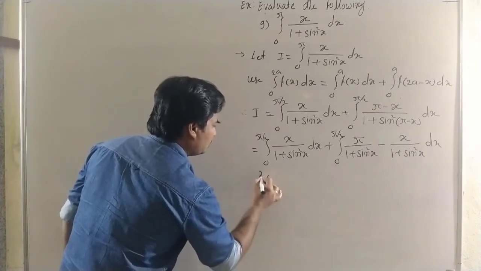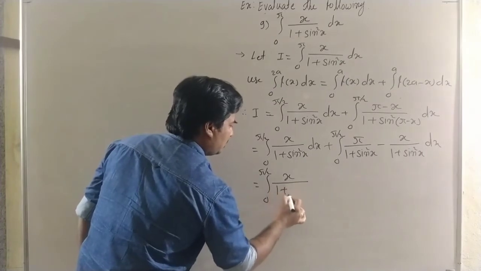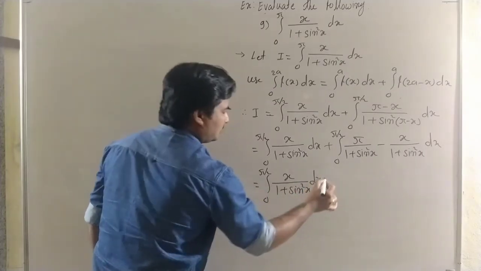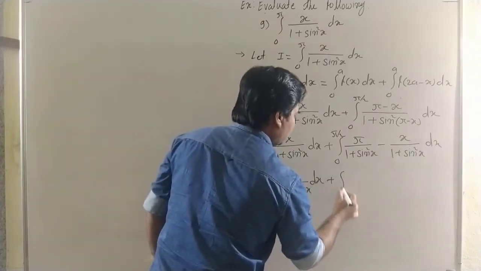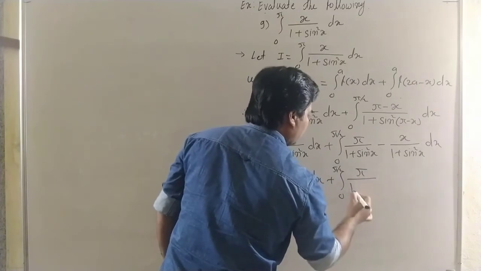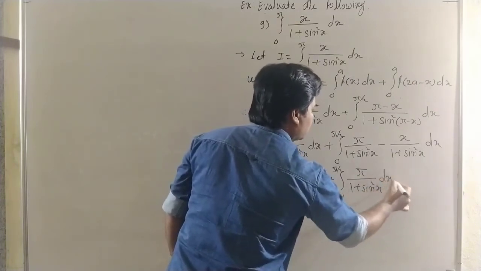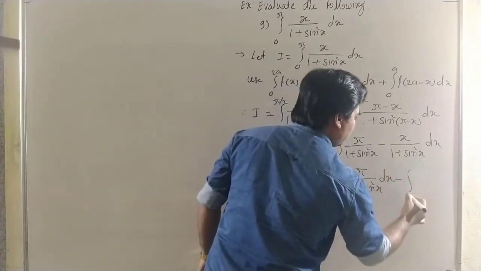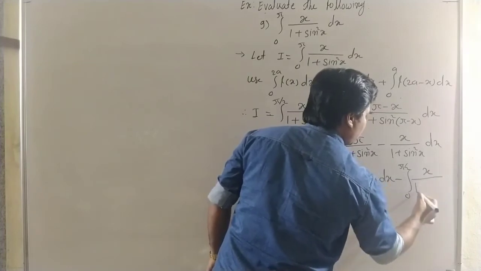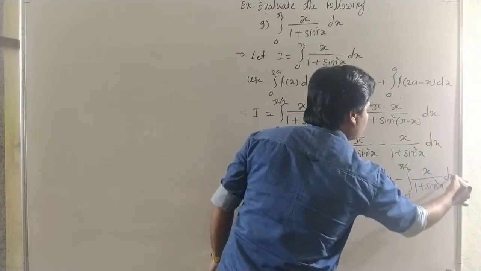Integral 0 to pi by 2 of x upon 1 plus sine square x dx, plus integral 0 to pi by 2 of pi upon 1 plus sine square x dx, minus integral 0 to pi by 2 of x upon 1 plus sine square x dx.